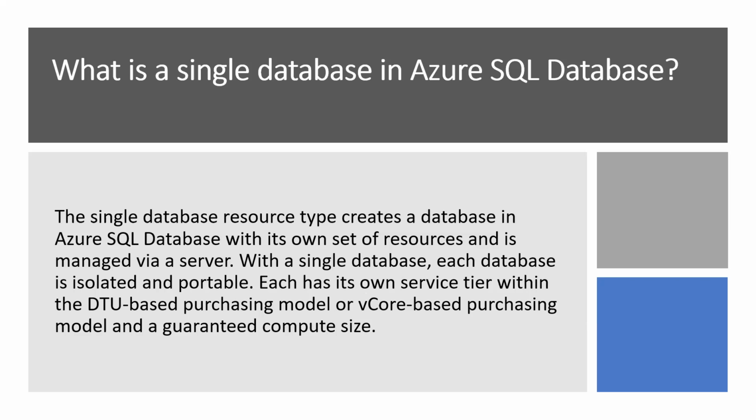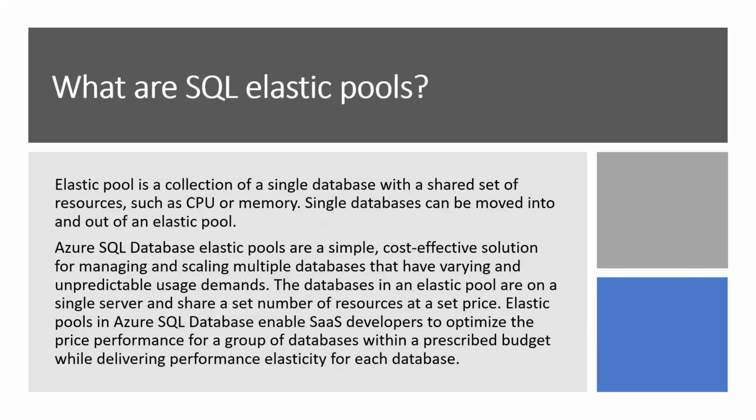Let's talk about elastic pool. What are SQL elastic pools? Elastic pool is a collection of single databases with a shared set of resources such as CPU or memory. Single databases can be moved into and out of an elastic pool.